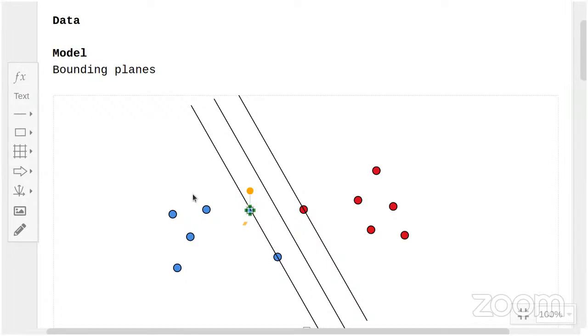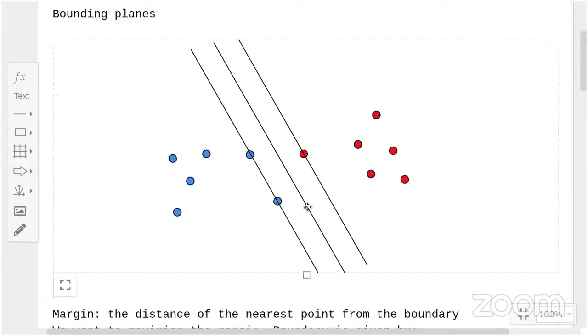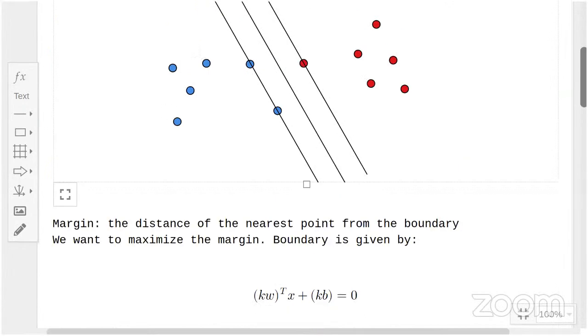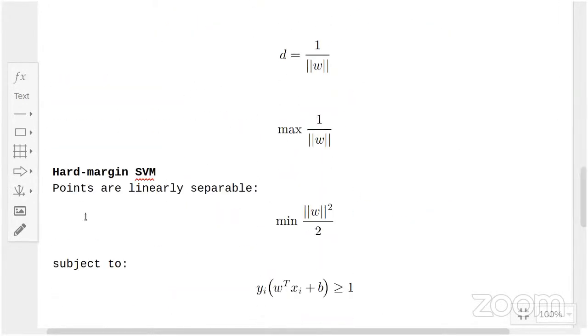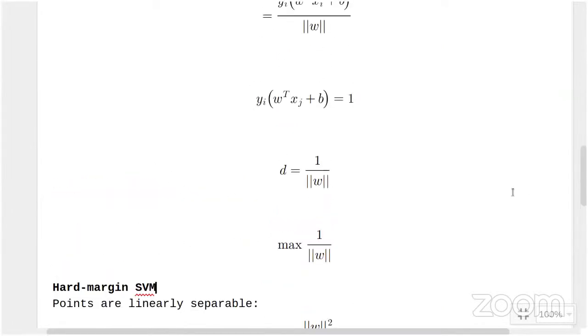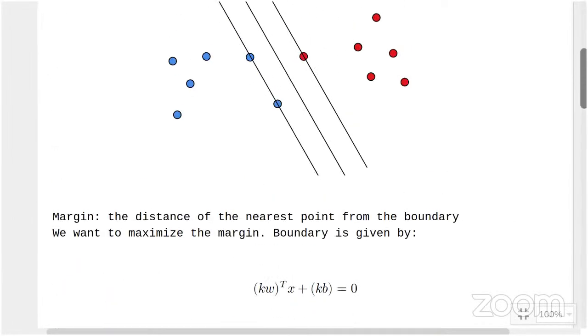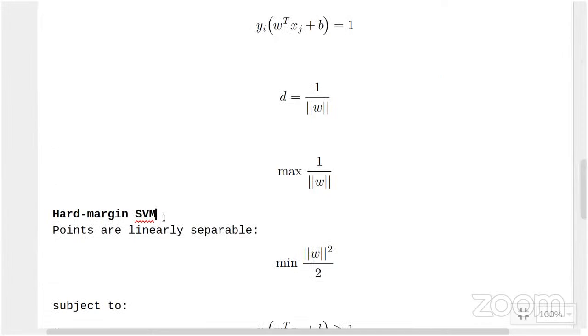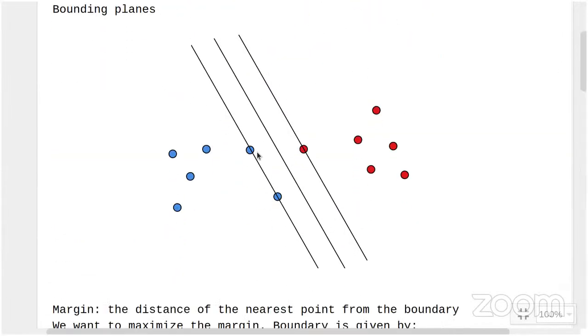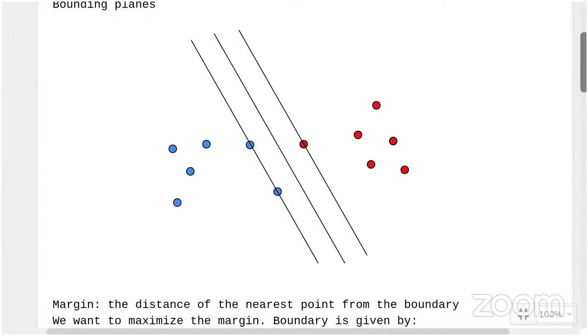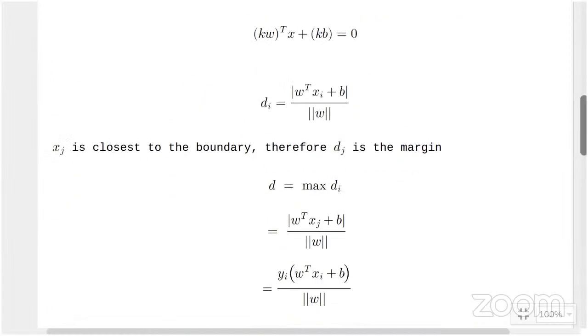Until we find that situation, there is a possibility that we will go far away, and there will be noise in between. The good news is that for the hard margin case, because it's linearly separable, you will always be able to find this scenario where the decision boundary will lie in the center. Okay, got it.